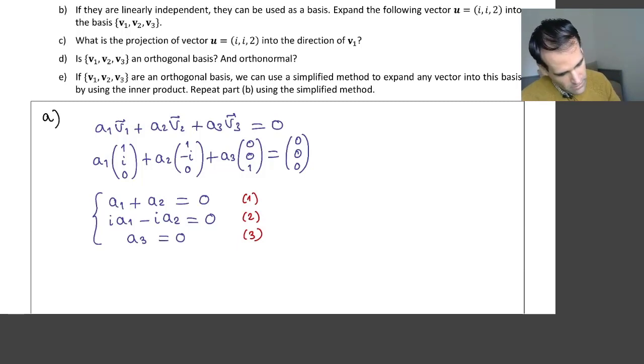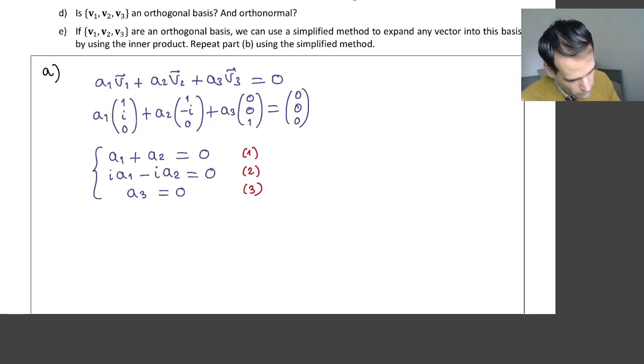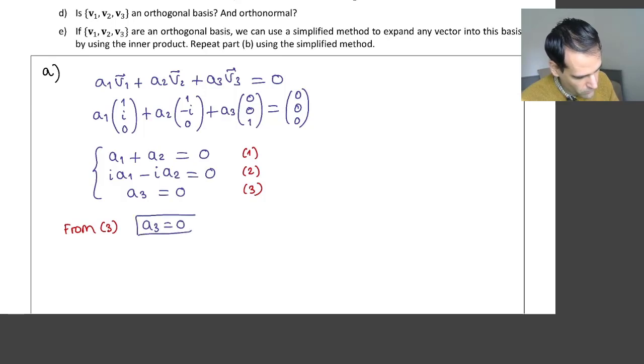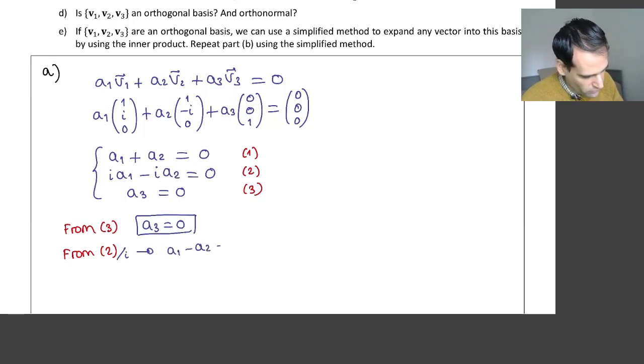First of all, from 3, we directly know that A3 equals 0. Now from 2, if we divide by i, we get A1 minus A2 equals 0, and therefore A1 equals A2.